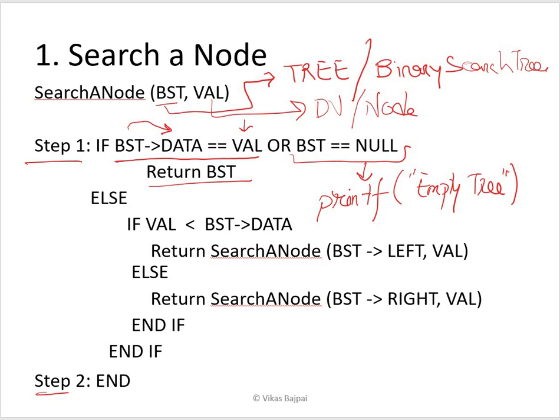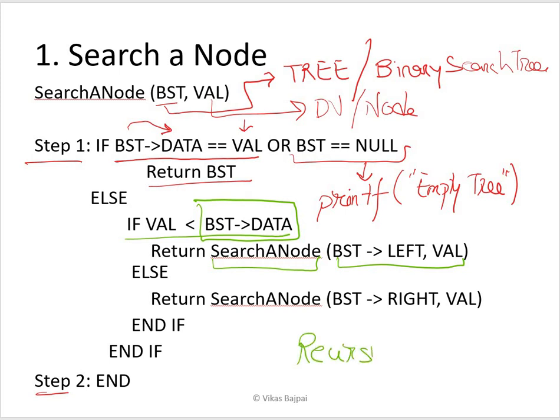That if the value is less than the content of that particular node, I'm going to move towards this left portion, and then I'm going to identify and return this particular thing. What it does is, this particular function is recursively doing the same operation, that means moving towards the left.